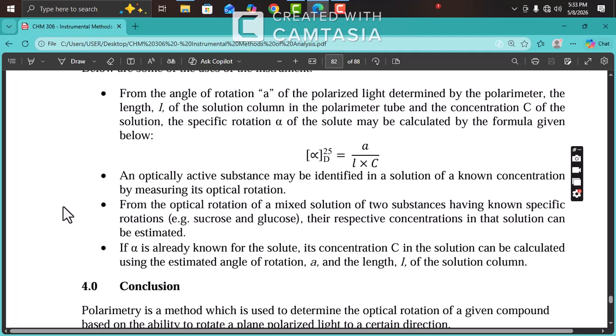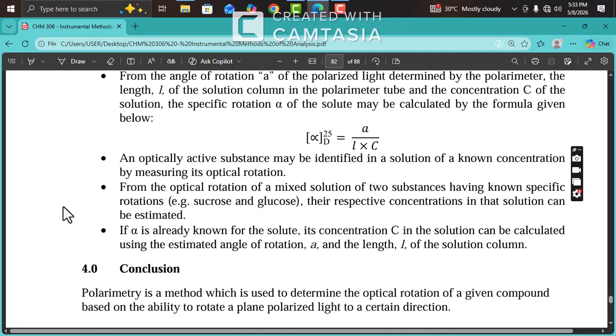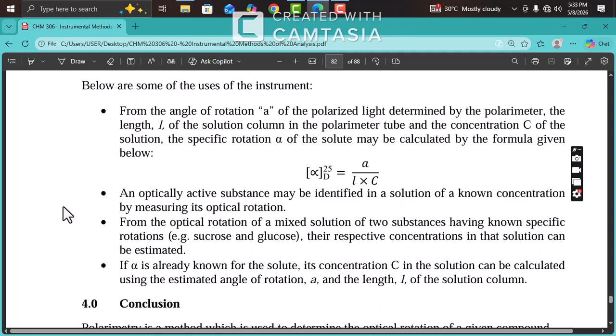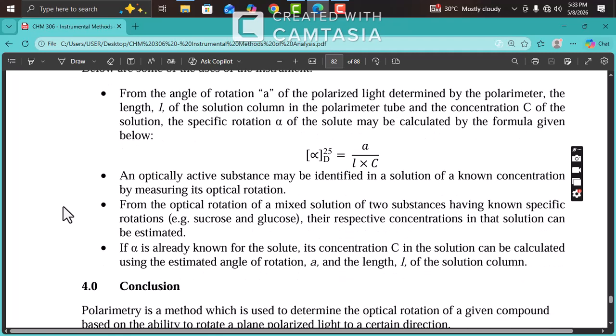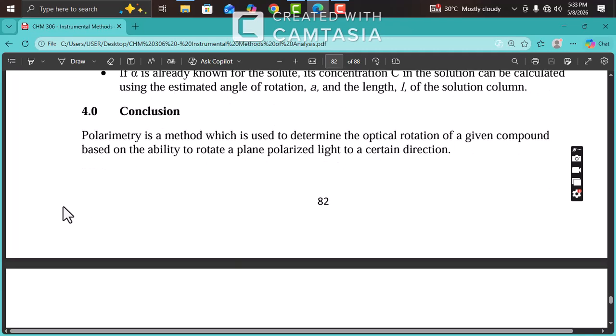You can also determine the concentration of a solute in solution if the specific rotation of that solute is already known. So those are the applications of polarimetry.